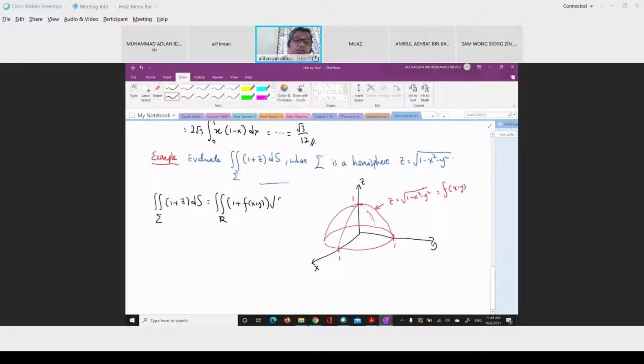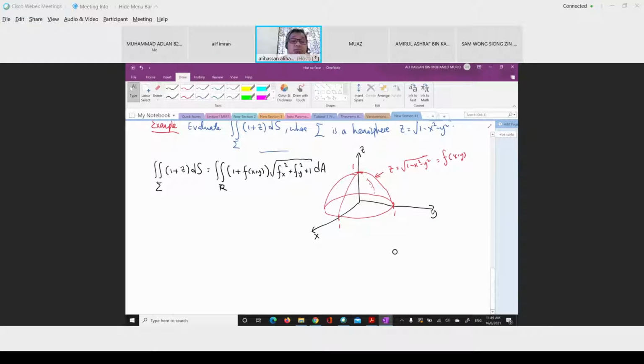The square root of f partial x squared plus f partial y squared plus 1 dA. So here f(x,y) is the square root of 1 minus x squared minus y squared.